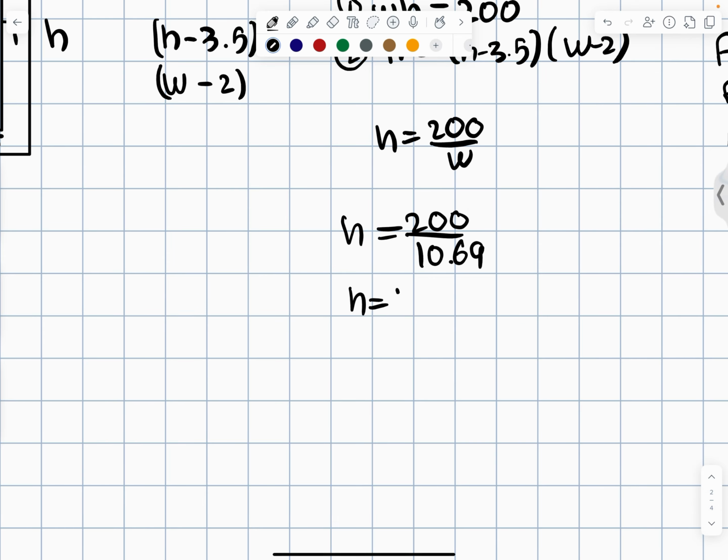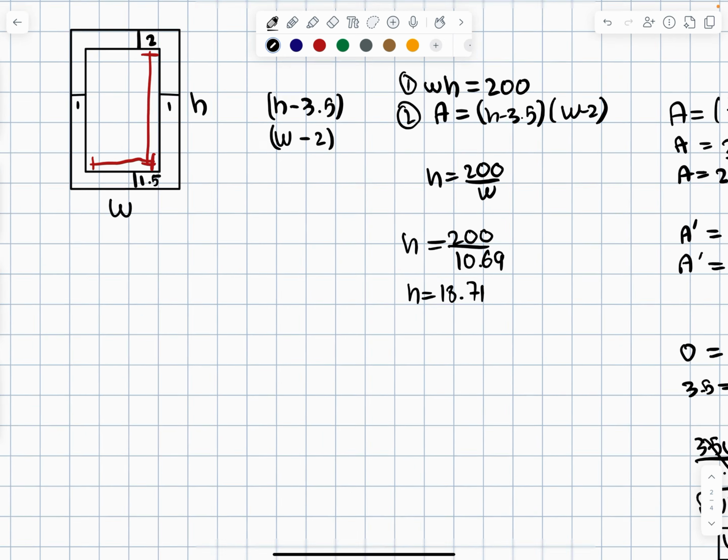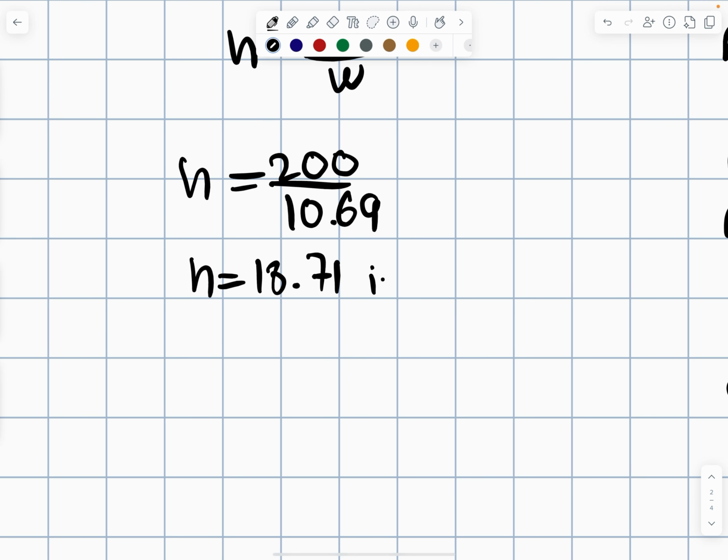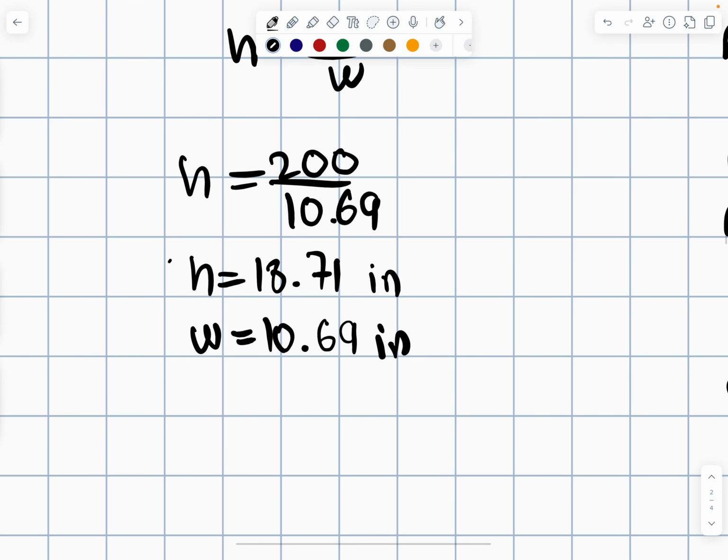Height is equal to 18.71. And the unit is inches, so we're going to write inches. And width is equal to 10.69 inches. Well, now we have both of our dimensions.